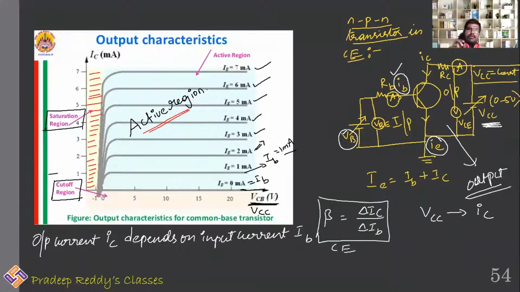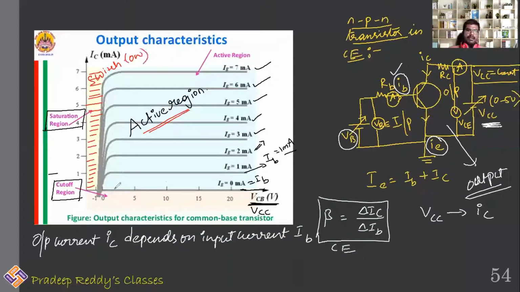Then only do you consider the junction transistor working in the active region. Hence, a junction transistor operated in the active region acts as an amplifier, and if both junctions are connected in forward bias, it acts as a switch, and this is switch on.